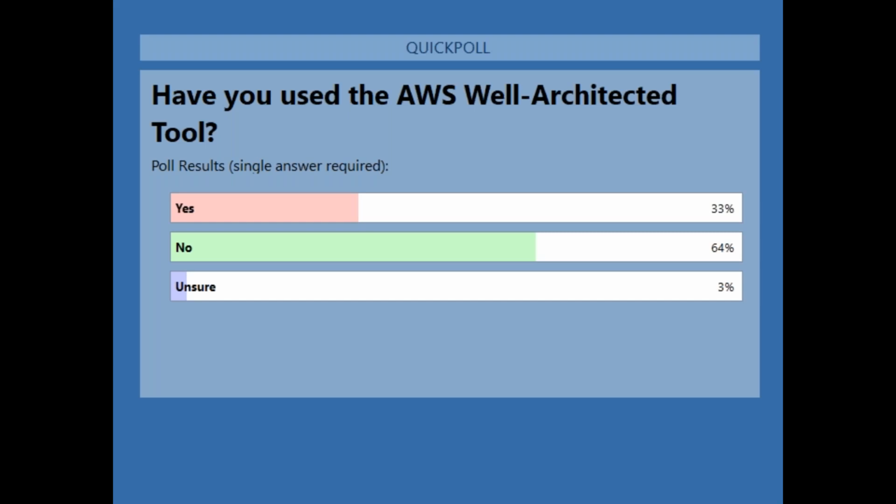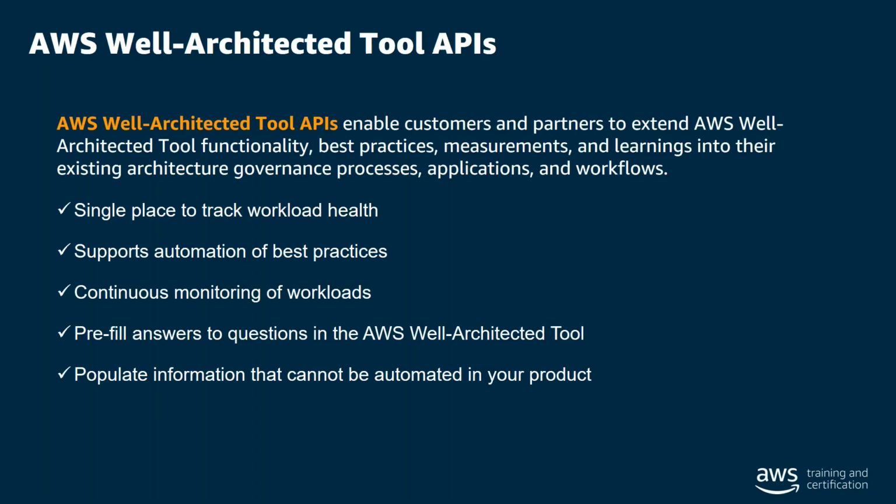So let's talk about the tool itself. The tool is in the console, so you actually have to go to the account and walk through it. One of the new things that we just introduced at re:Invent was actually APIs to use the tool. Like most of our services, APIs are usually our customers' preferred method of consuming our services.